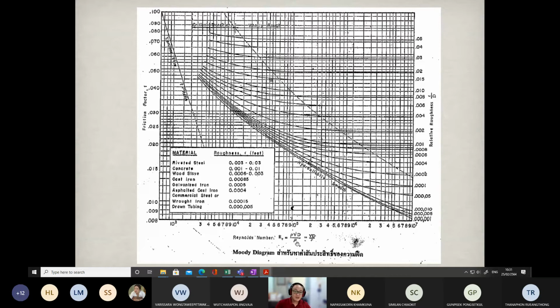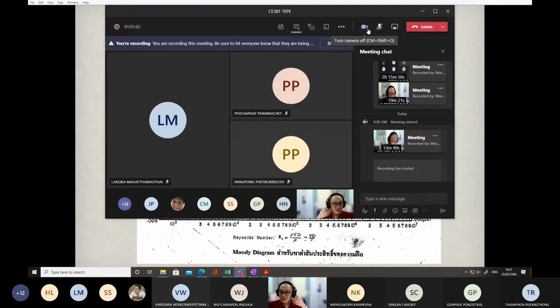Sometimes the velocities vary, so you have to determine the Reynolds number one by one in order to get the friction factor F. So this is a kind of complication if you use this kind of equation.